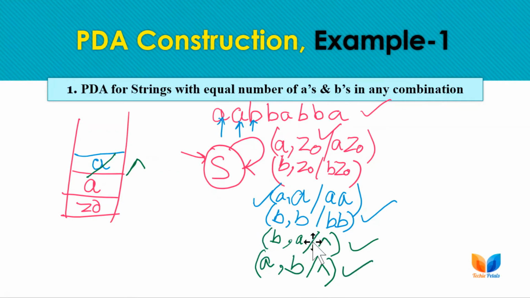So we are taking the other option also for the transition. Now for the second B also we perform the pop operation, popping another A and replacing it with null. Now let me clear these symbols.